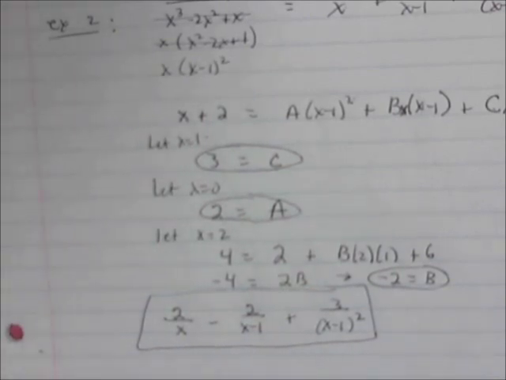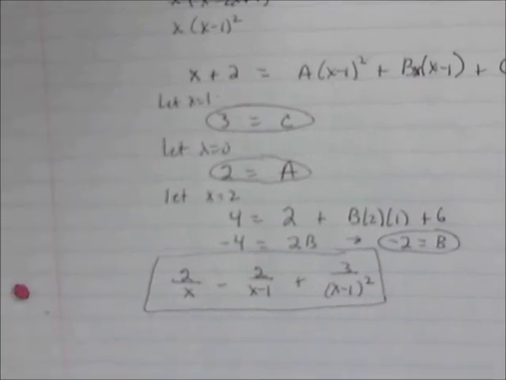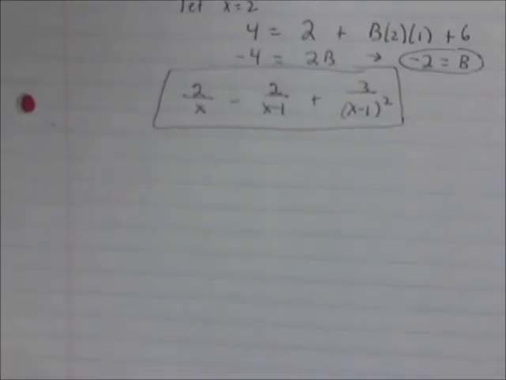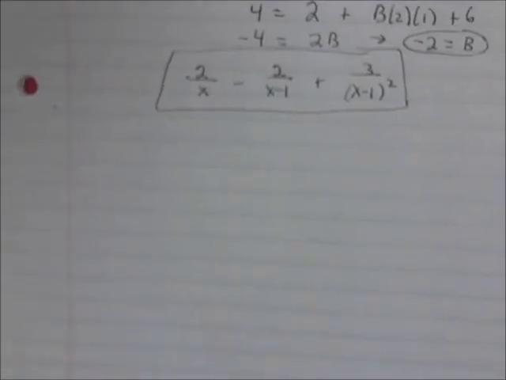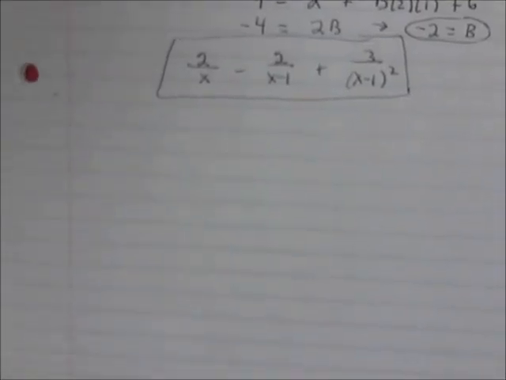Example number 3 is going to be quite a bit lengthier, however you want to say it, but this is going to take some room to do. So hopefully you've got some room in your notebook to conquer this problem.